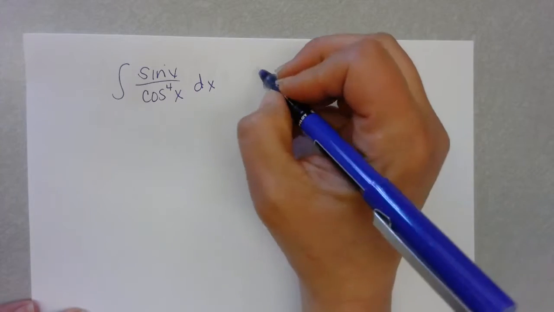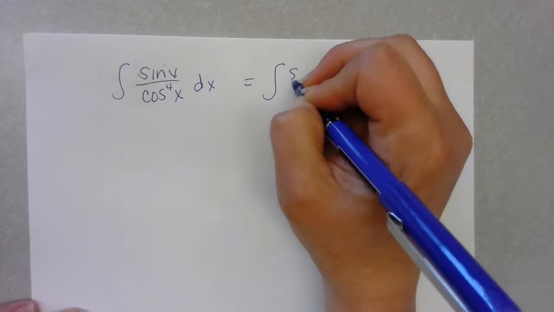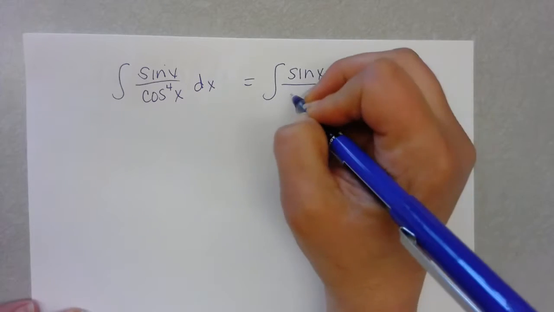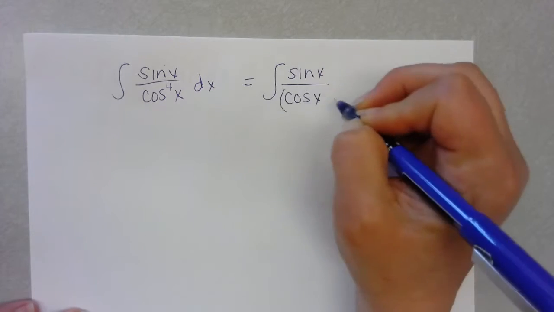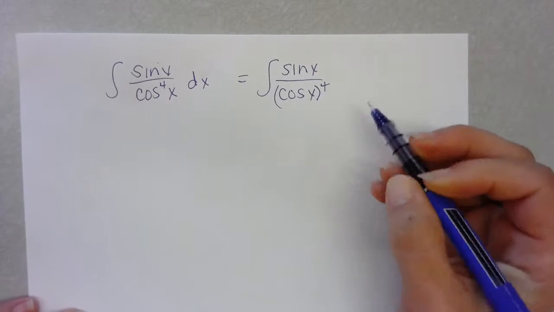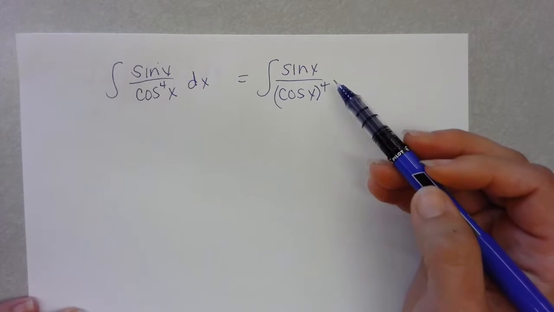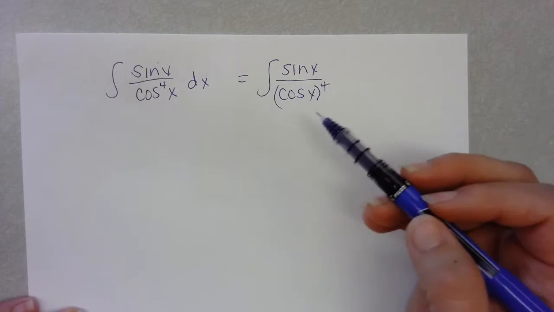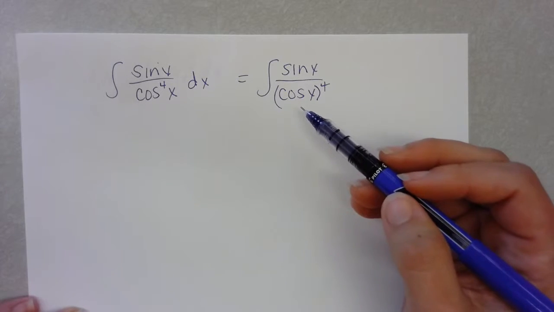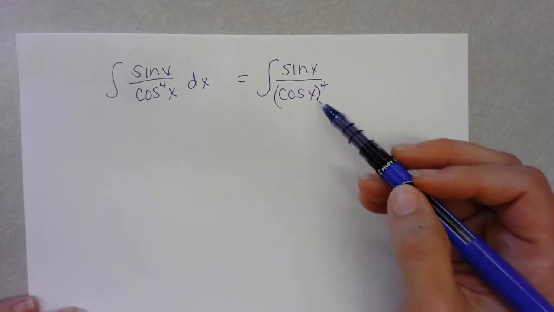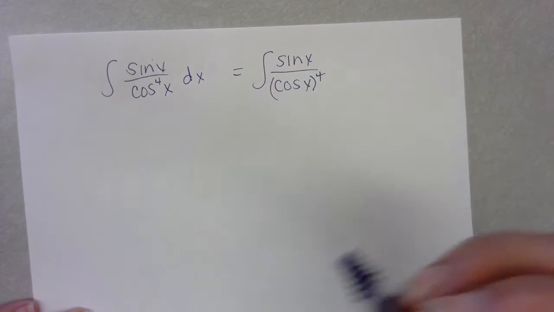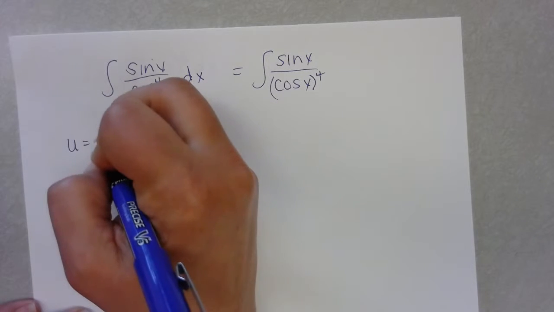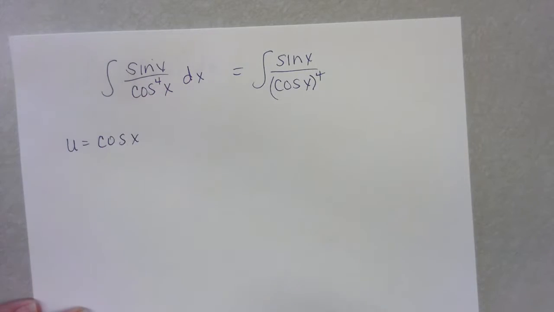So this is a little bit deceiving, but I could also write it like the sine of x, and then I have the cosine of x to the fourth. So if you think of u substitution as undoing the chain rule, the u is almost always something that's inside of something else. So in this case, that would be cosine, okay? So our u is just plain cosine of x.